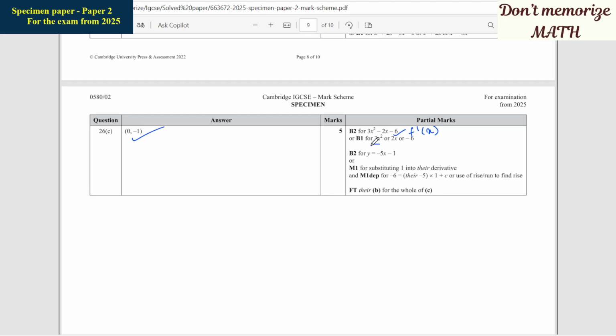If you only got 3x square, or only 2x, where one of the derivative terms is correct, you will get 1 mark. Then if you found the equation of the tangent, you will get again 2 marks. So total 4 marks. Then M1 for substituting everything and finding c. So that is M1. So total 5 marks question.